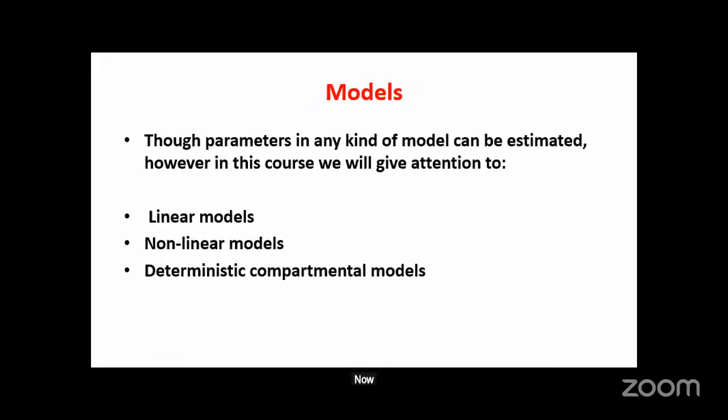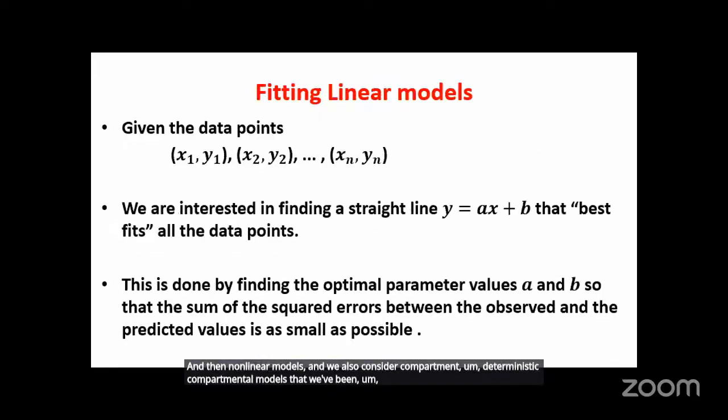For this course, we'll be looking at examples of models that we want to fit to data. We'll look at linear models and then non-linear models, and we'll also consider deterministic compartmental models that we've been working on.